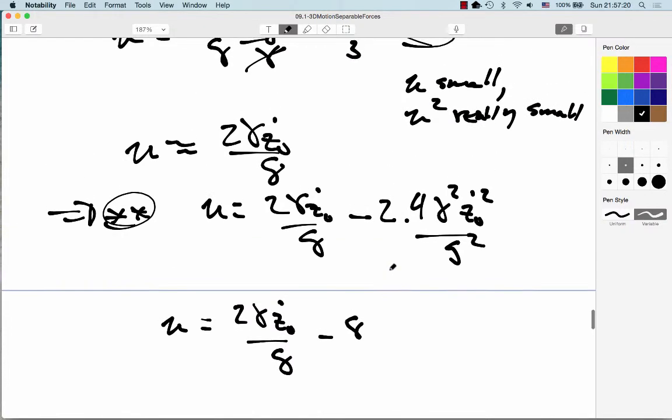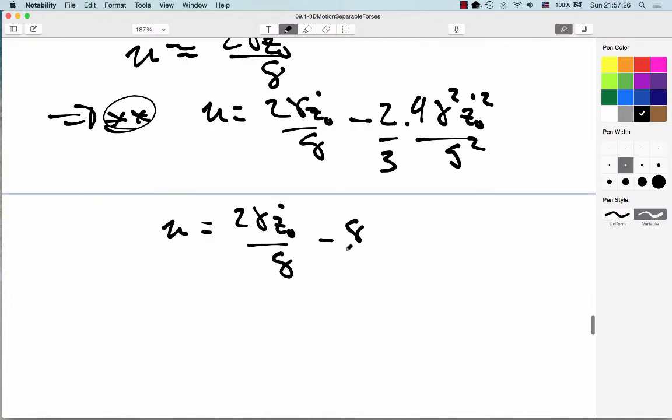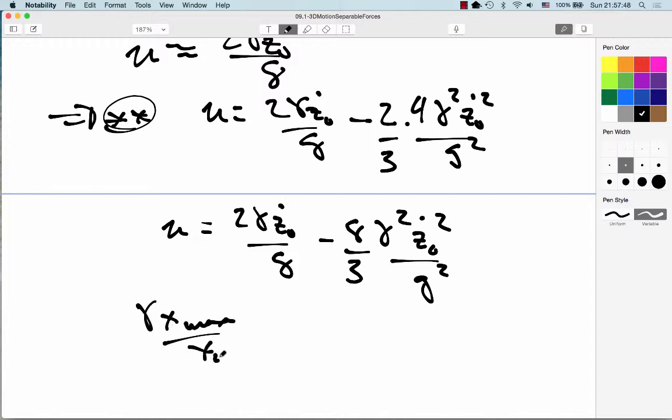Dropped a 3 there, so minus 8/3 gamma squared z naught dot squared over g squared. All right. Remembering what u was to begin with, that was gamma x max over x naught dot equals that stuff.